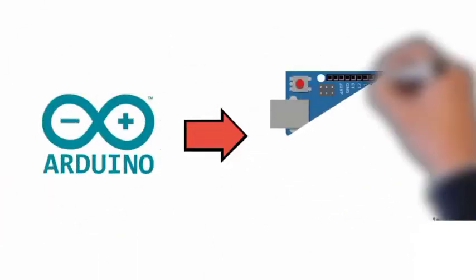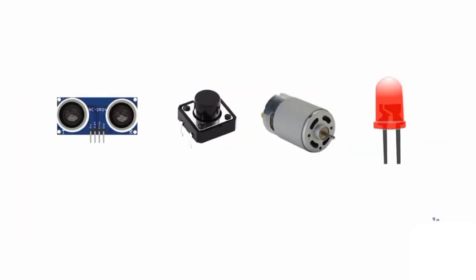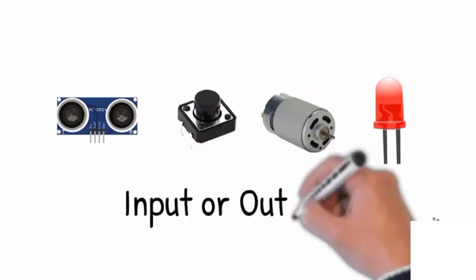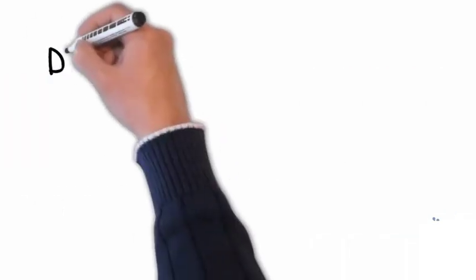So, to summarize, Arduino is a company that produces microcontrollers, which we can use to control multiple sensors and devices. These devices could be inputs or outputs of the system, and we can have two different types of signals that we can send or receive from these devices. Now, these signals can be digital or analog.